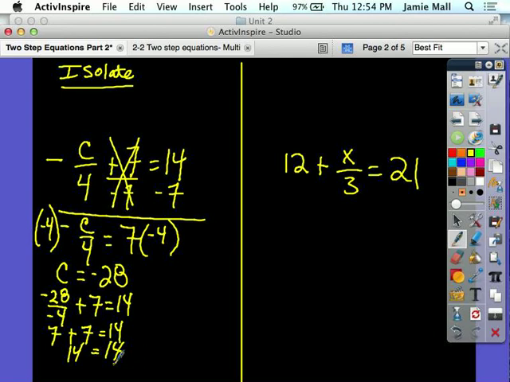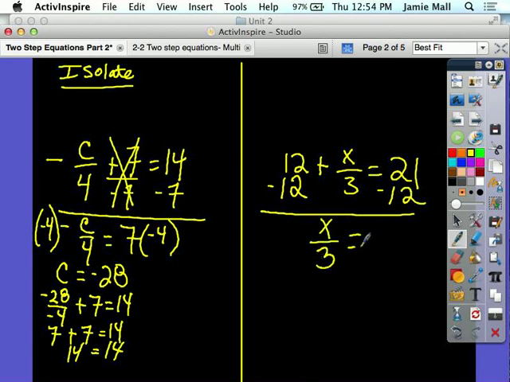Last problem, we'll go through it together. 12 plus x divided by 3 equals 21. My goal is to get that x over 3 by itself. So I'm going to subtract 12 from both sides. I'm going to subtract 12 from the other side. And I'm left with x over 3 is equal to 9. Multiply both sides by 3, the reciprocal. X is equal to 27.